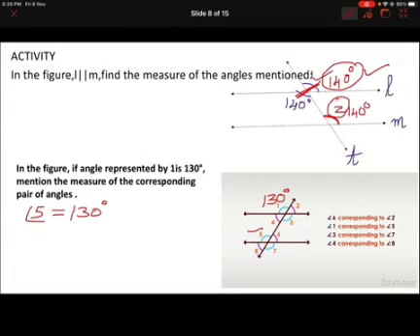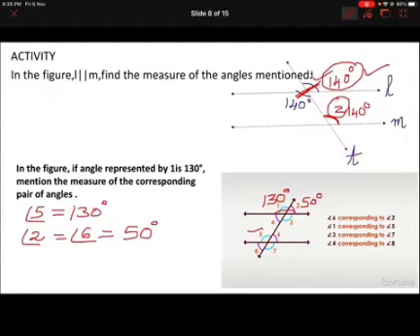Then what about angle 2 and 6? Angle 2 is equal to angle 6. You all agree? That is, if this is 130 degrees, this has to be 50 degrees. Is it not? Because together they form a linear pair. So angle 2 and angle 6 both are equal, and each one is equal to 50 degrees.